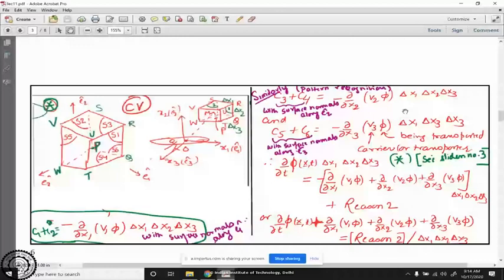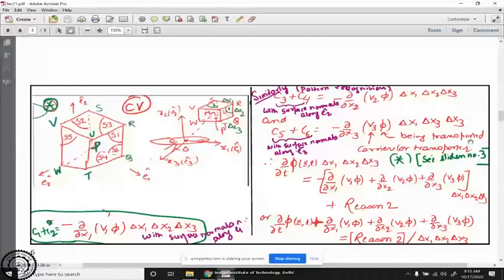And then C5 and C6, they are from surfaces which are normal to E3, so they must add up to give what I have written here: minus del x3 v3 pi delta x1 delta x2 delta x3.